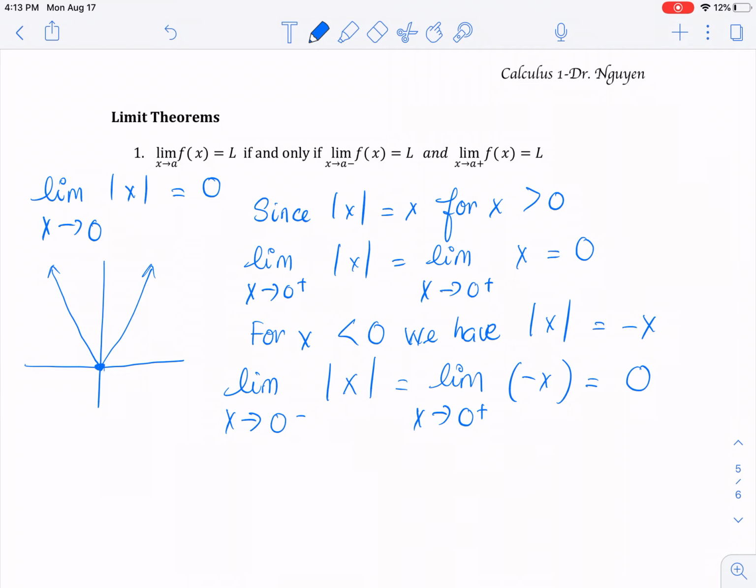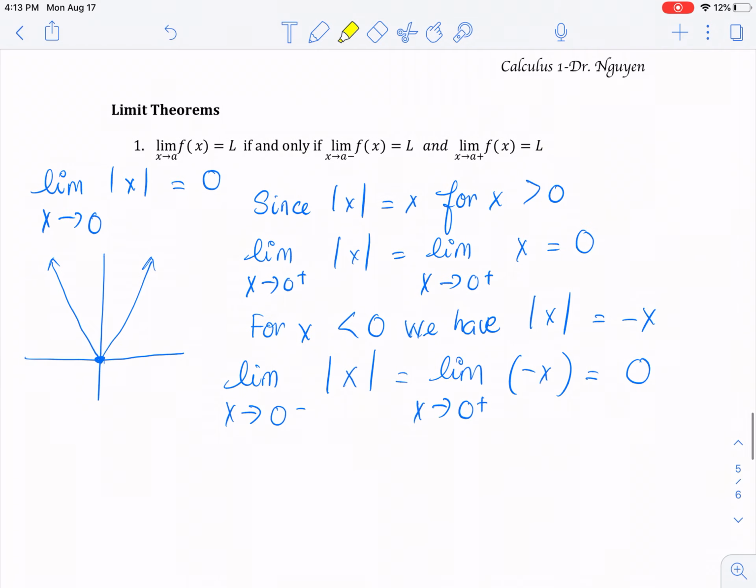So as you can see, we have 0 and 0. Therefore, by theorem 1, the limit as x approaches 0 of the absolute value of x is going to be 0. Okay. All right.